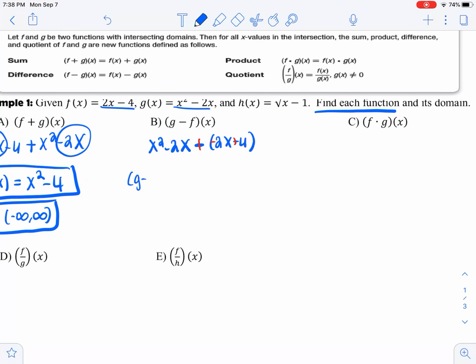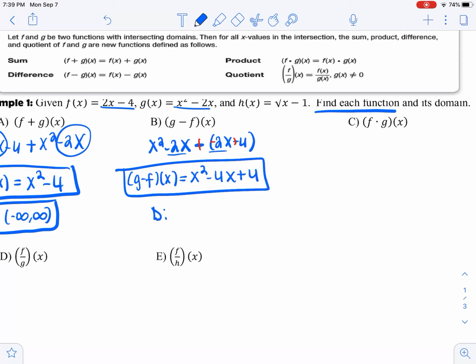And now you have g minus f of x in standard form. X squared is going to come first. Negative 2x and negative 2x is minus 4x, and then plus 4. Common mistake is putting minus 4 because you didn't subtract everything. Are there restrictions? No. So what's my domain? All real numbers.